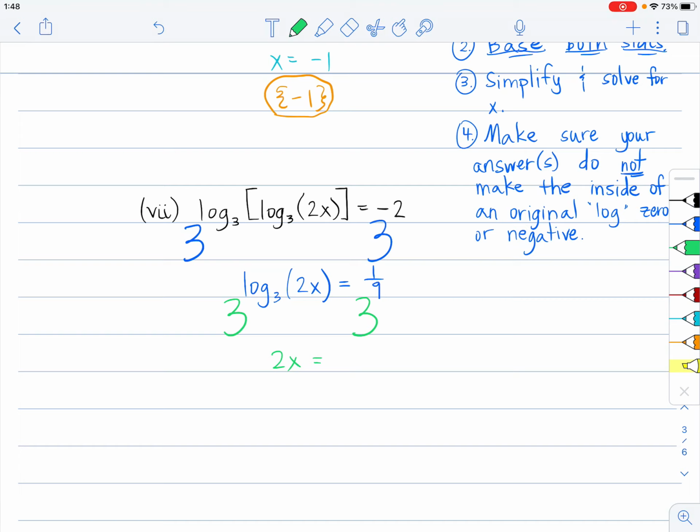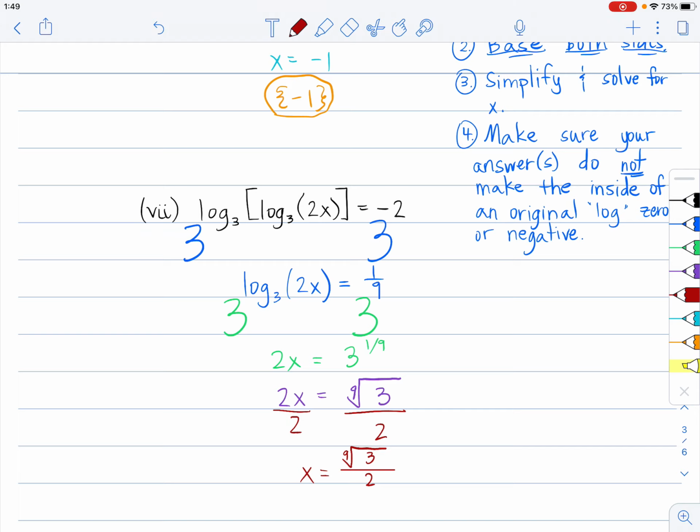That is 3 to the 1/9, or I should know that 3 to the 1/9 power is actually the same as the 9th root of 3. To finish solving for x, I divide by 2 to get that x equals the 9th root of 3 divided by 2. This is my exact answer.